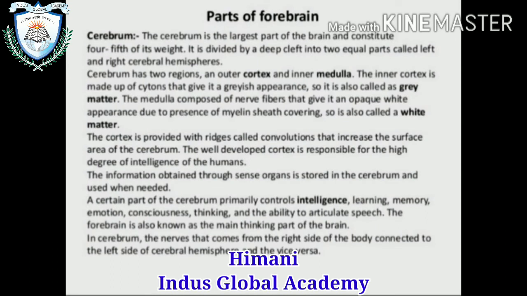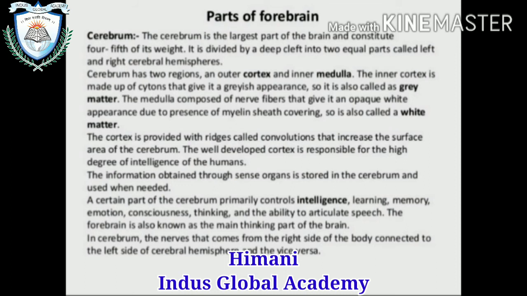Now, parts of the brain. The cerebrum is the largest part of the brain, constituting 4/5 of its weight. It is divided by a deep cleft into two equal parts called the left and right cerebral hemispheres. The cerebrum has two regions.